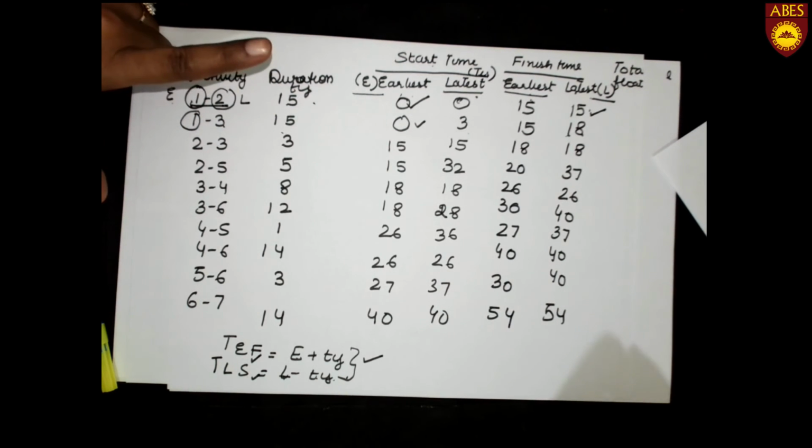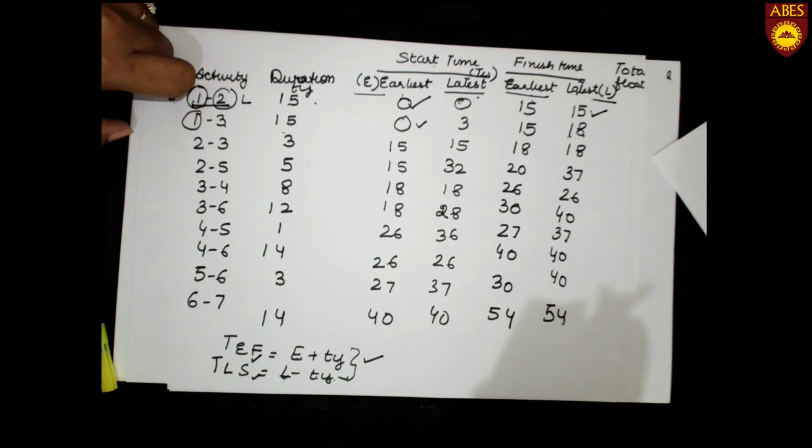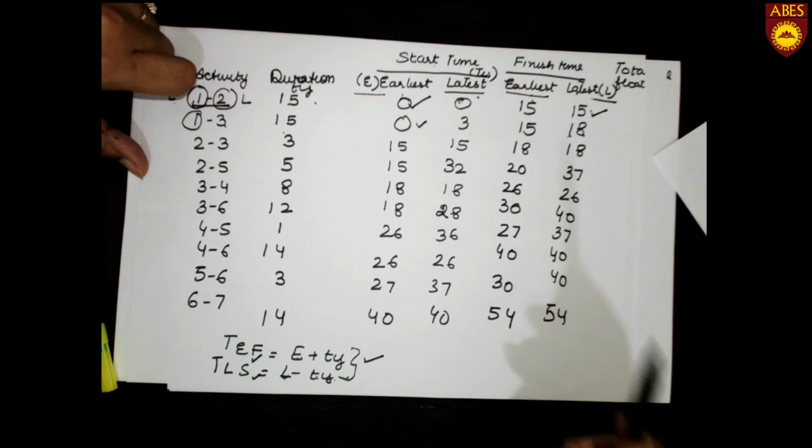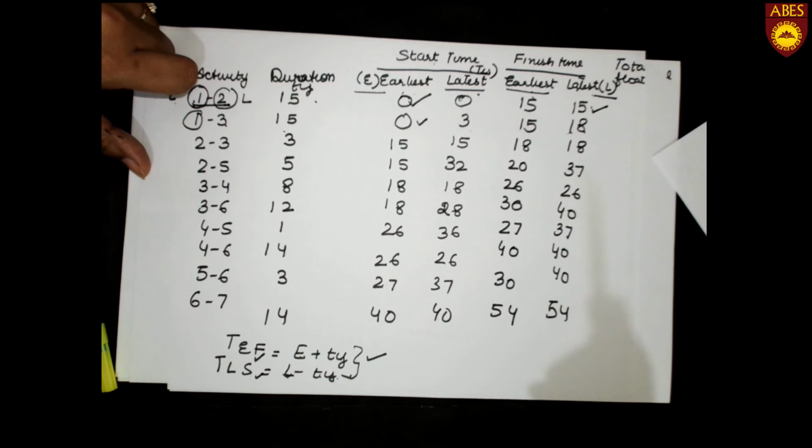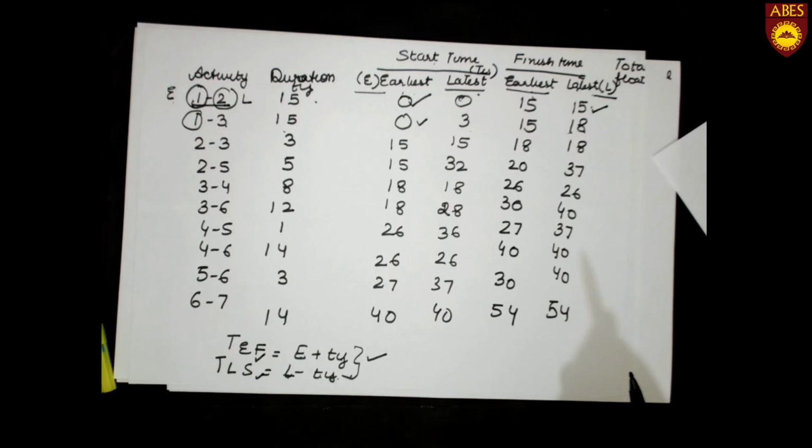Now I have written the whole table. I have found out the earliest start time, the latest start time, the earliest finish time and the latest finish time. Now what I have to do is find out the total float. For total float there is a formula.